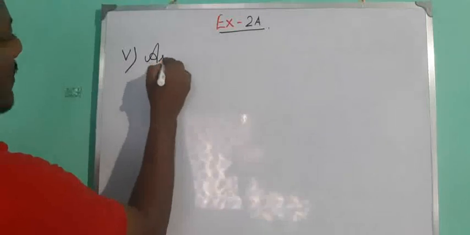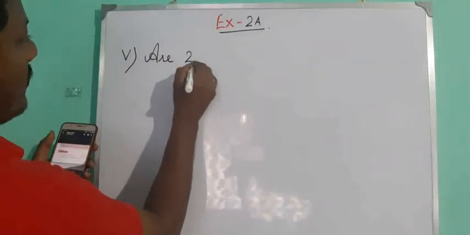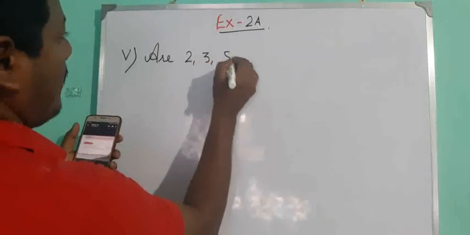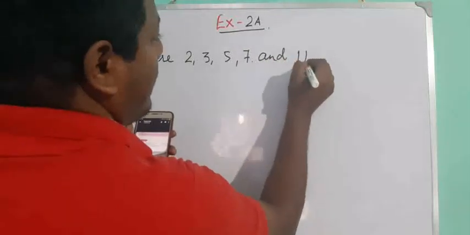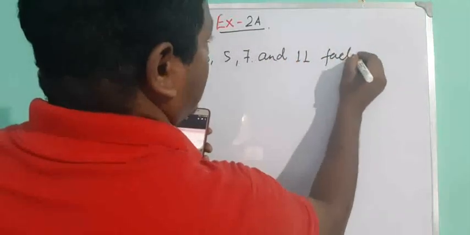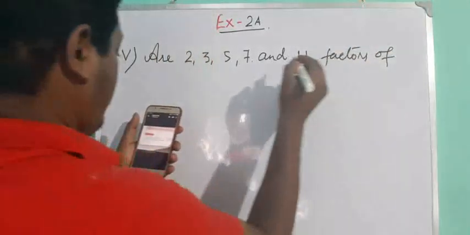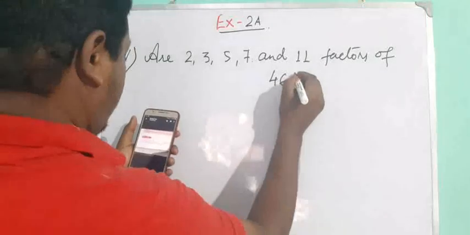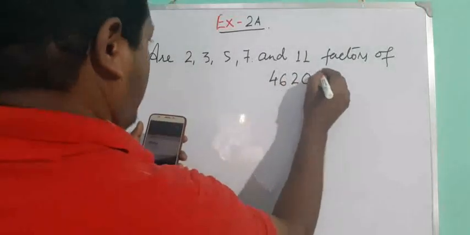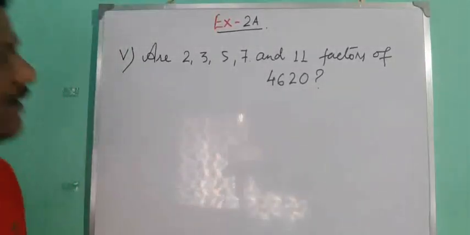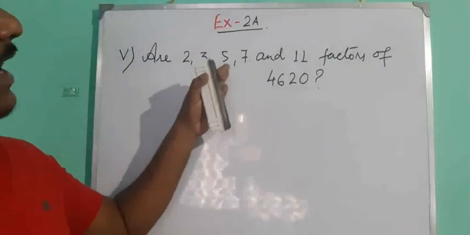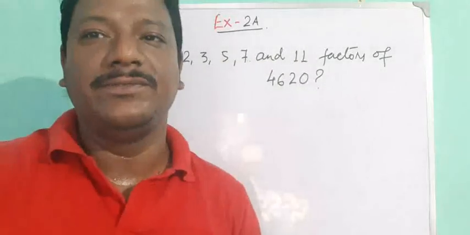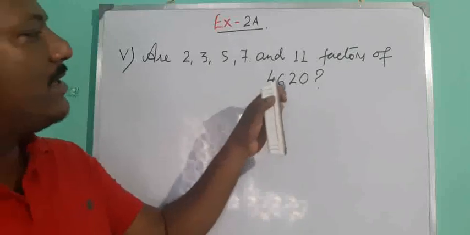It says, are 2, 3, 5, 7 and 11 factors of 4620? Here we have to see whether 2, 3, 5, 7 or 11 is a factor of 4620 or not.